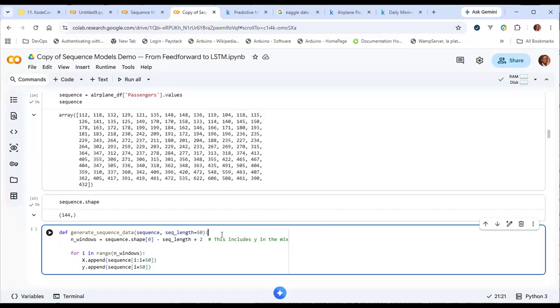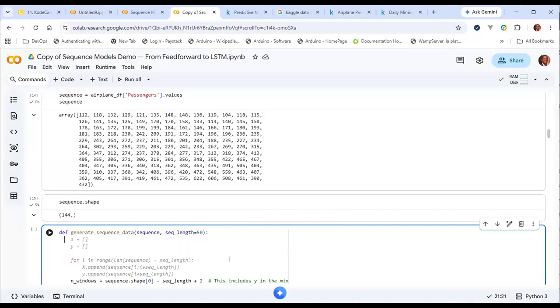So then we can just start off with x and y.